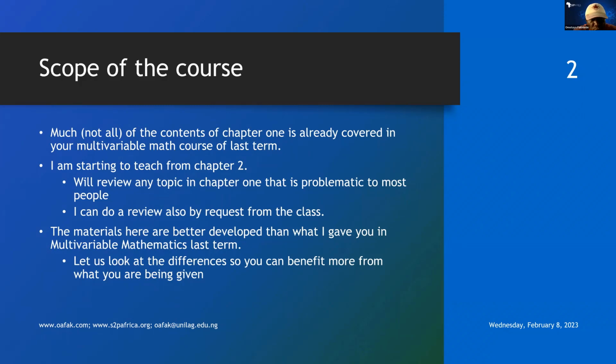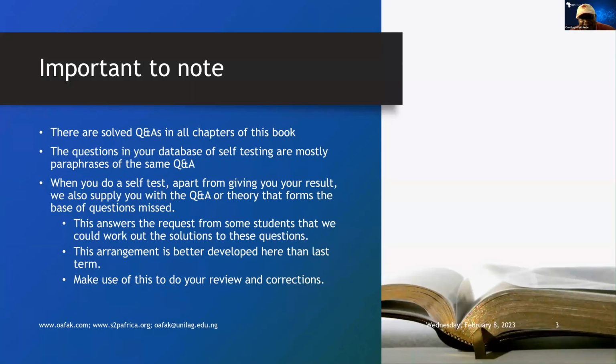It's important for you to note that all chapters of this book have Q&As. There is a question and answer section that contains full questions and complete answers. They are not objectives. They are full questions and a full development of the answers. So you are supposed to review all of that.